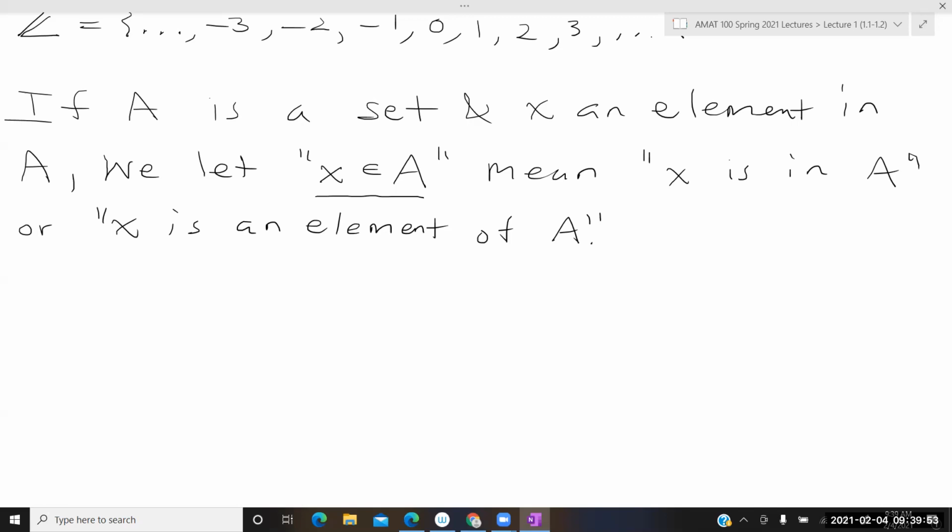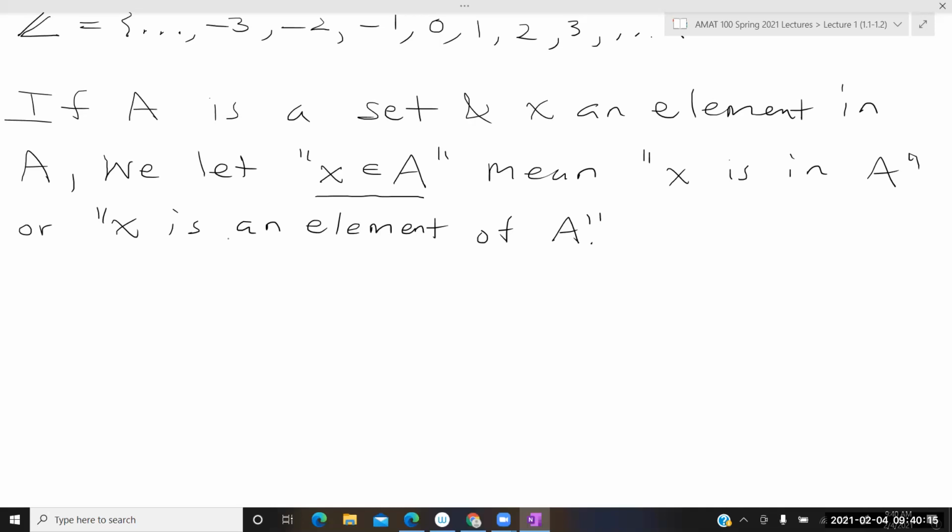And then we also want to talk about the so-called set builder notation. I don't really understand the terminology behind it, but if A is a set, it consists of things, and there's a condition its elements must satisfy in order to be in the set.